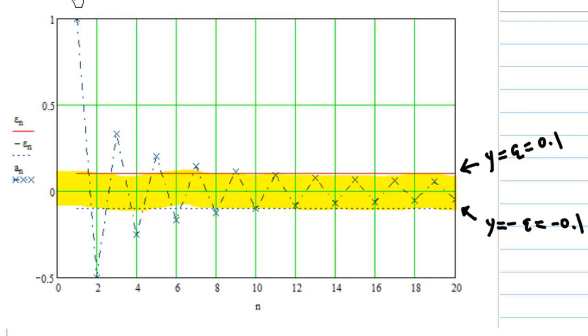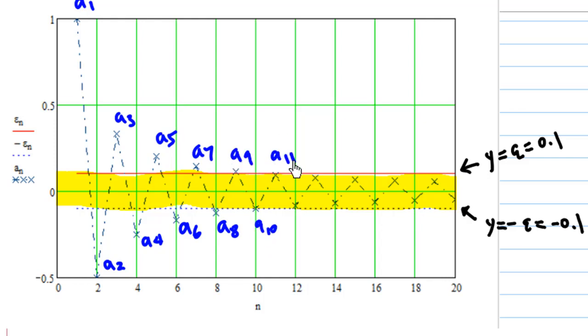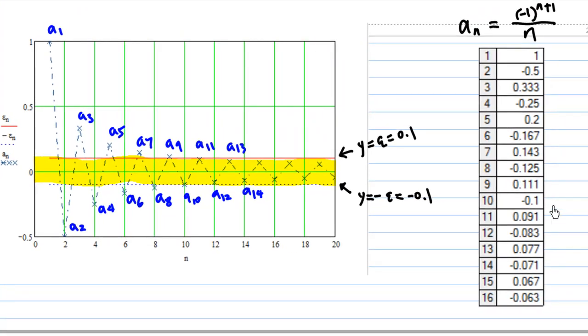I have these points, a1 here, a2 is here, a3 is here, a4, a5, a6, a7, a8, a9, a10, and we notice that when we come to a11 and a12 onwards, all the points are inside the yellow band, bounded by two lines, y equal to epsilon, which is equal to 0.1, and y equal to minus epsilon, which is equal to minus 0.1.